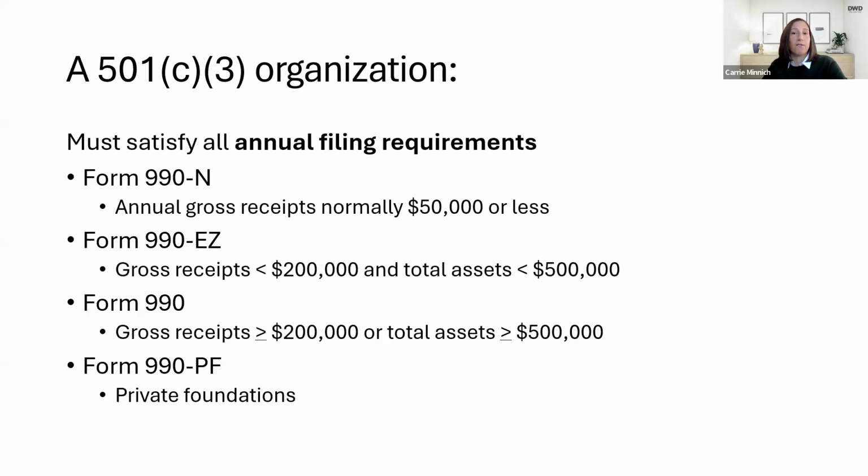You can always file a Form 990, even if you're allowed to file a 990-N or EZ. All private foundations are required to file a 990-PF. This must be filed annually with the IRS, so you do want to make sure that you get your form in.